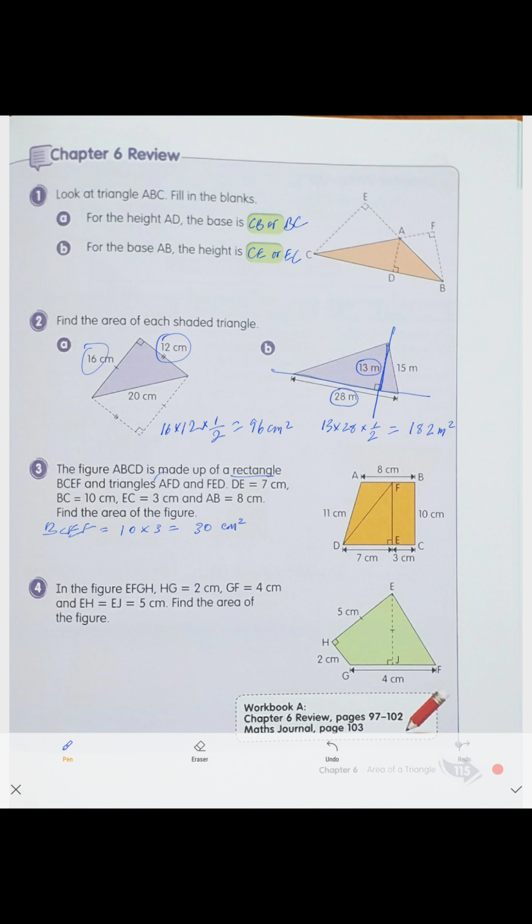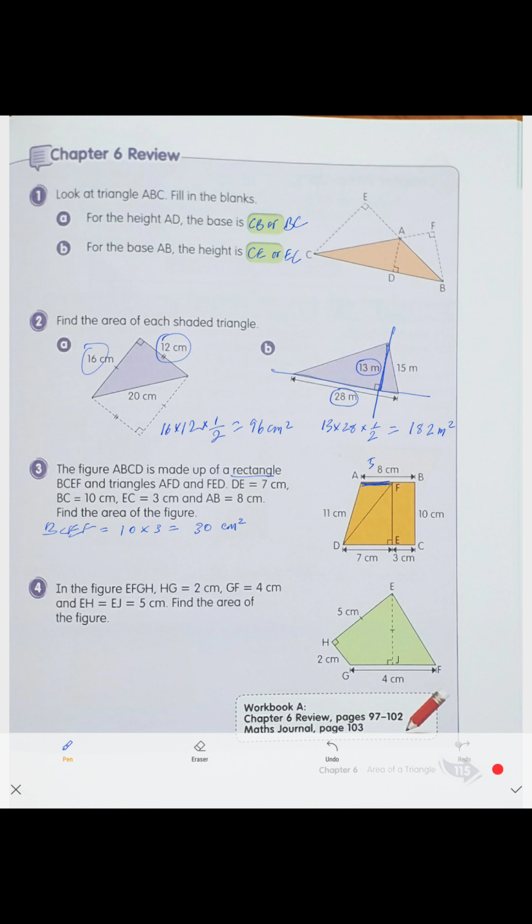We consider triangle AFD, which is this one, right? Here is the base. How do we find the base? The base is 8 centimeters, like the whole thing, minus this 3, right? So the base is 5.